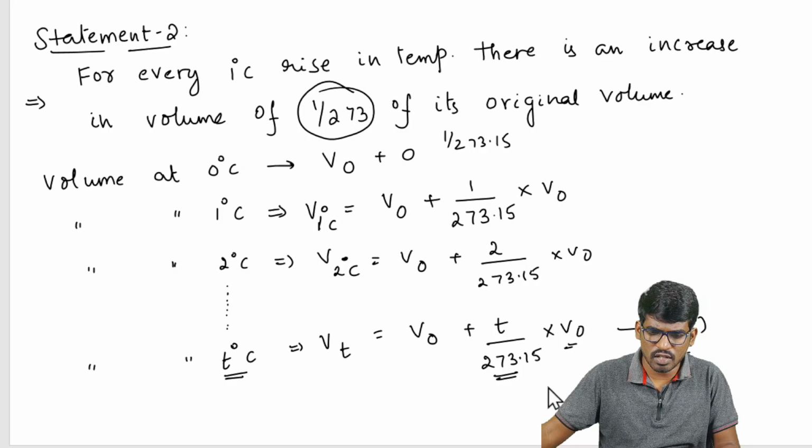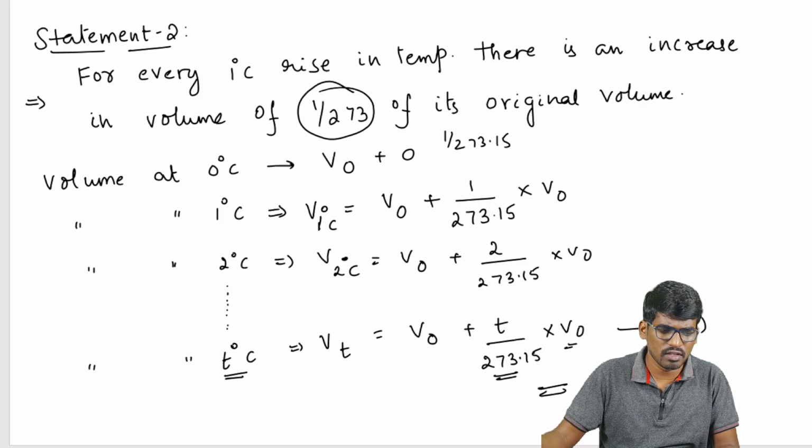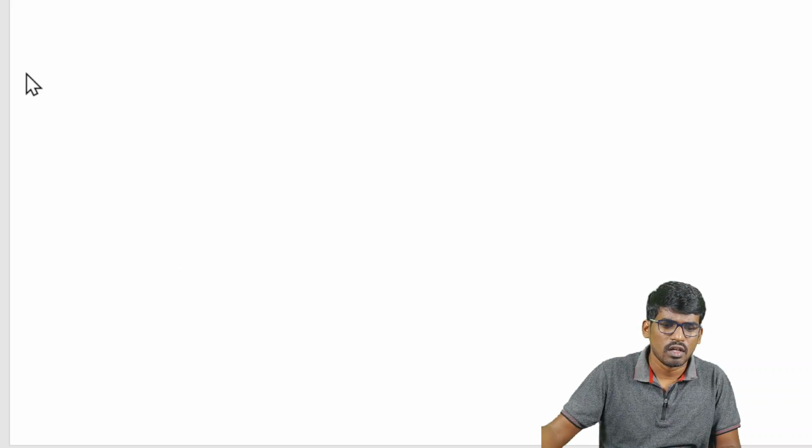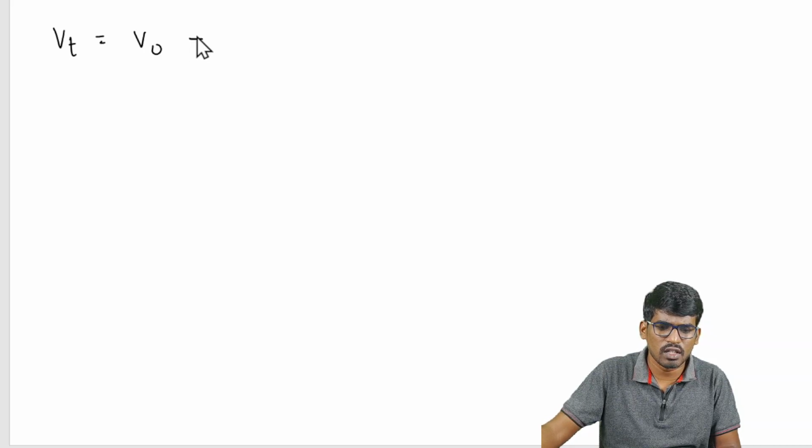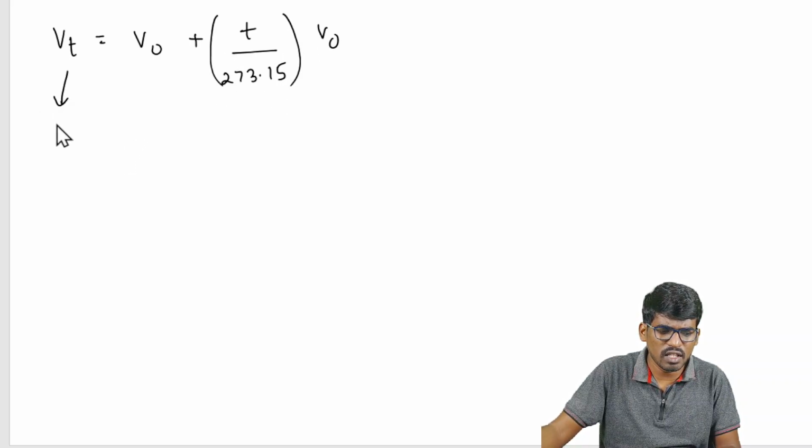Now let us take equation 1. Once more, rewriting the equation: Vt is equal to V naught plus T by 273.15 of V naught. You can compare this with the equation of a straight line, y is equal to c plus mx.